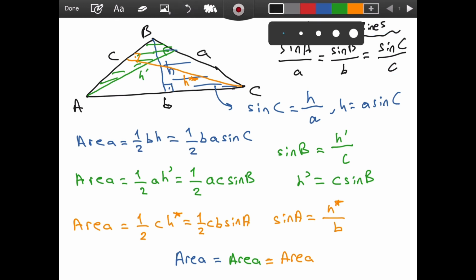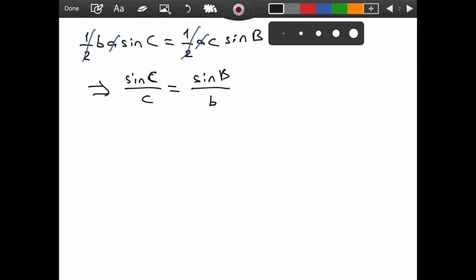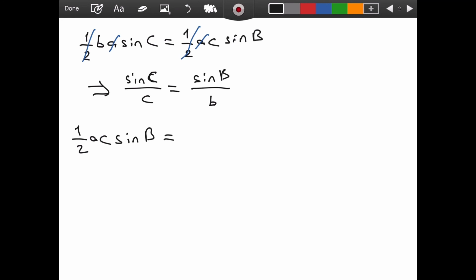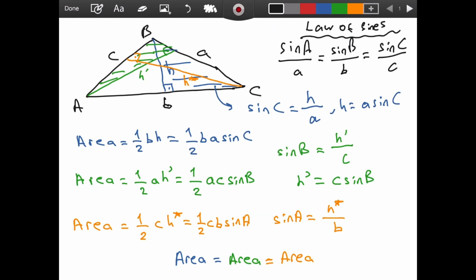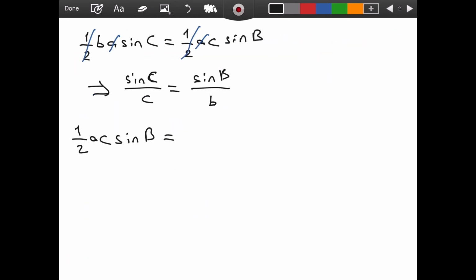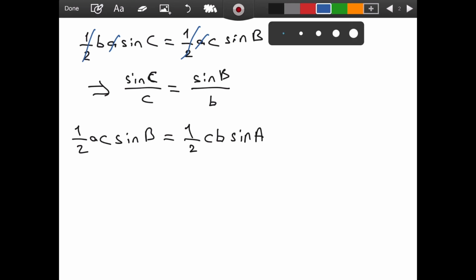To do the other part, let's consider the relation between green and orange. The green area formula gave us 1 over 2 a c sine of B, which is equal to the orange one, 1 over 2 c b sine of A. Here we can again do some cancellations.